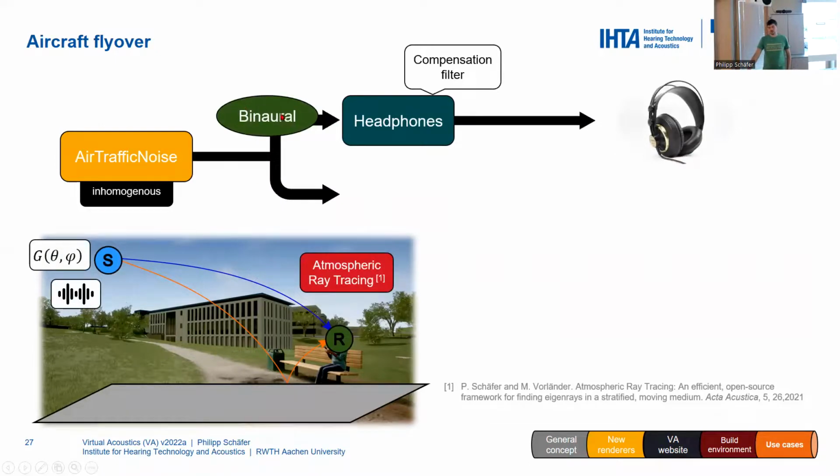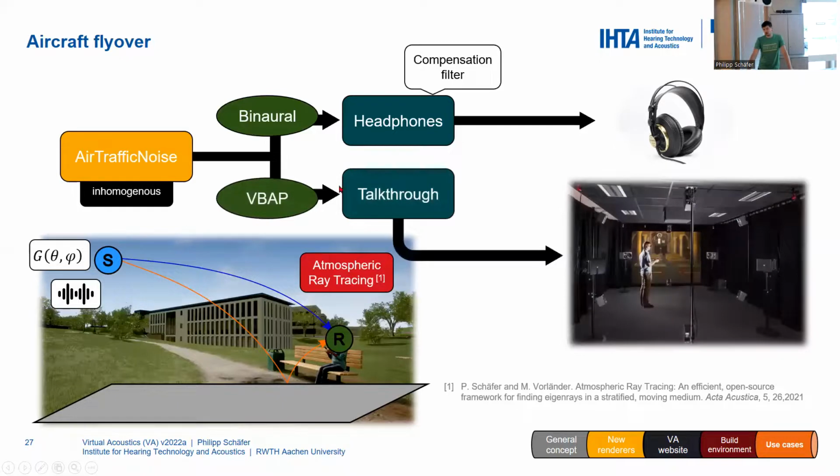And for example, we could configure this to have a binaural rendering, and then use the headphones reproduction module with headphones, or we could do a VBAP spatialization and use the talk-through reproduction module and feed it into our loudspeaker system.